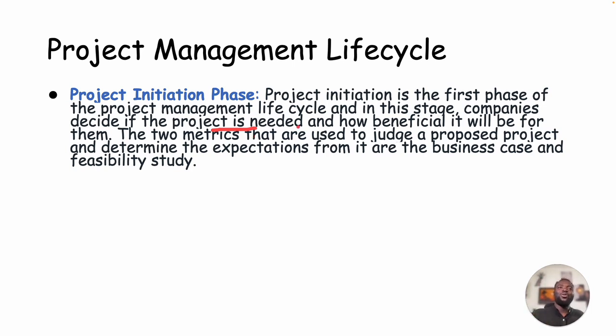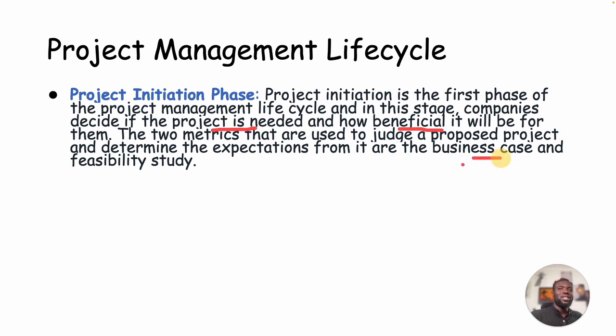How is it going to be beneficial, right? We can't just work on a project that has no benefit. And that's why the other concept we talk about is cost benefit analysis as well. You need to look at it from that perspective. If we spend this much on this project, what benefit do we then get, right? We need to know that, and this is what we will do during the project initiation phase.